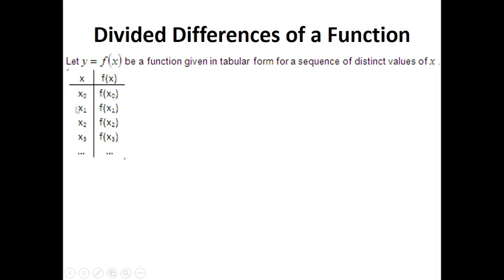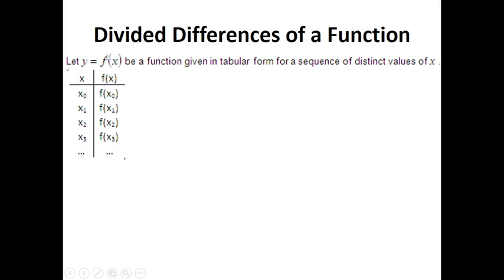We have x sub 0, x sub 1, x sub 2, x sub 3, and so forth. Then we have the functional values: f of x sub 0, f of x sub 1, f of x sub 2, f of x sub 3.